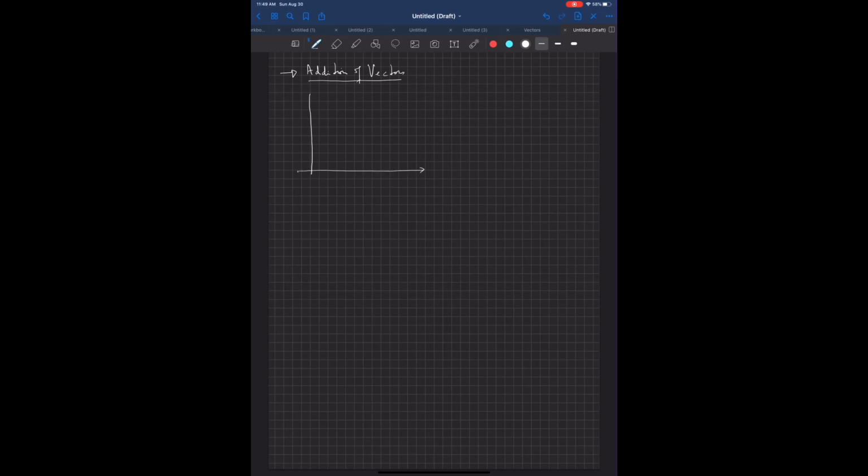Suppose this is x, and this is y, my Cartesian coordinate axis. And suppose I have a vector A and I have another vector B, and I want to add them up.